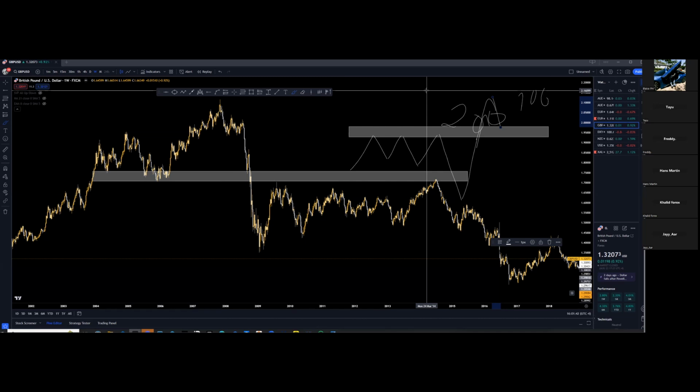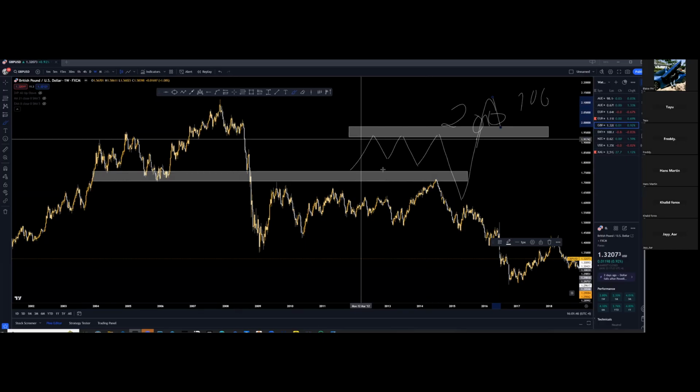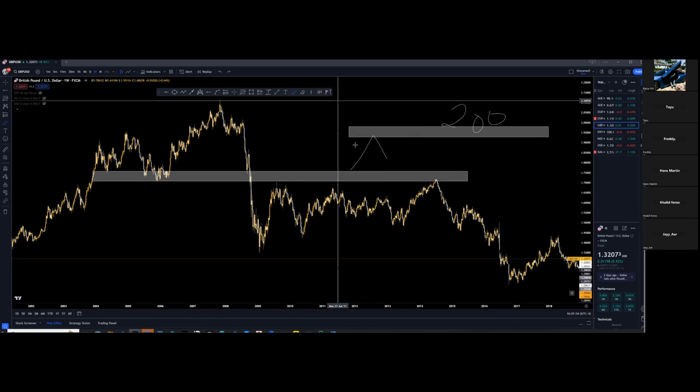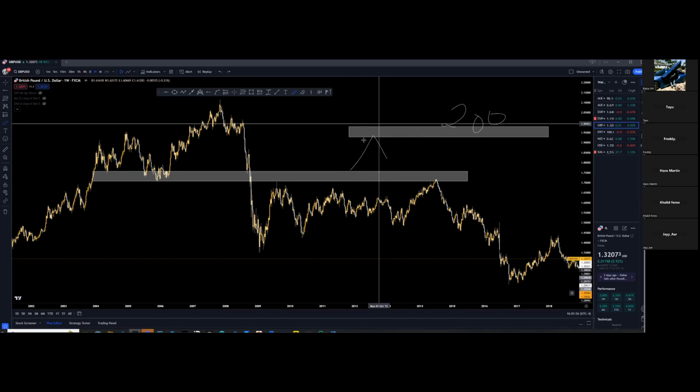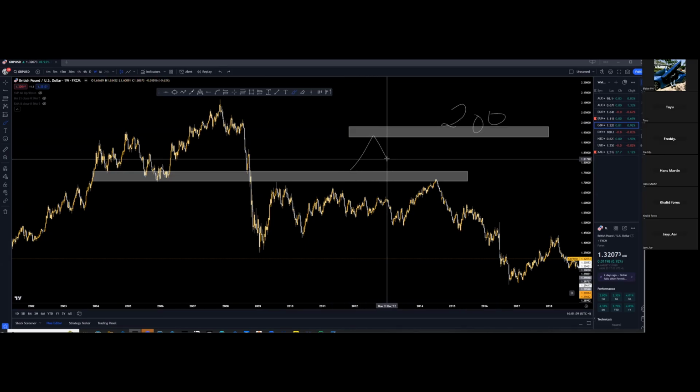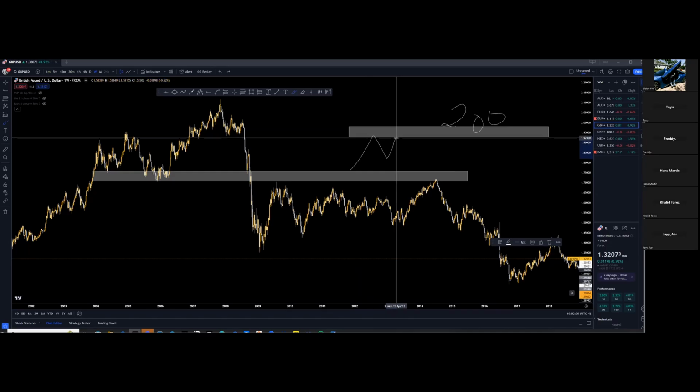The next thing is the strength of the move. The strength of the move when price first gets there tells you if that zone is strong or not. So again, based off the same example, let's say this is a supply zone here. Price gets back to that zone for the very first time.